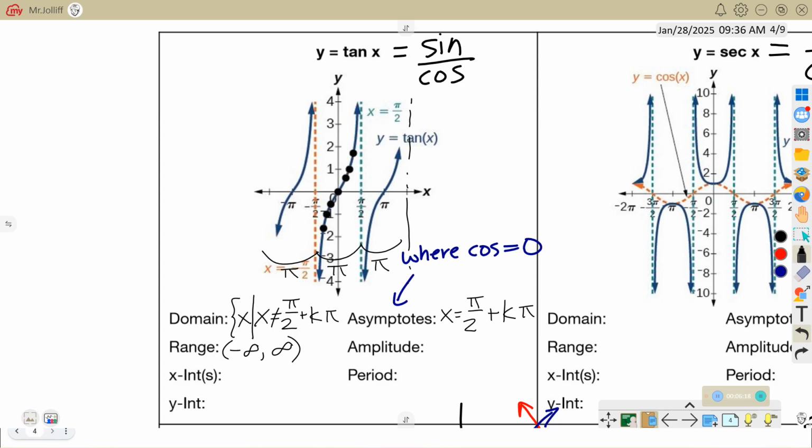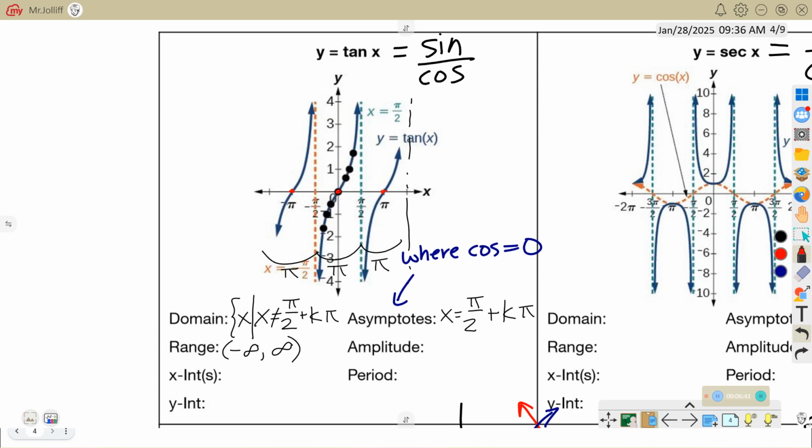And then we're going to go to intercepts. So we'll start with the x-intercept. So where is the graph crossing the x-axis? What intercepts are shown in the picture? I see 3. 1, 2, 3.